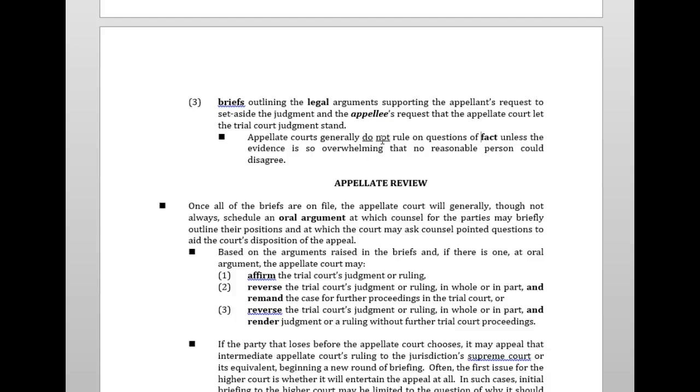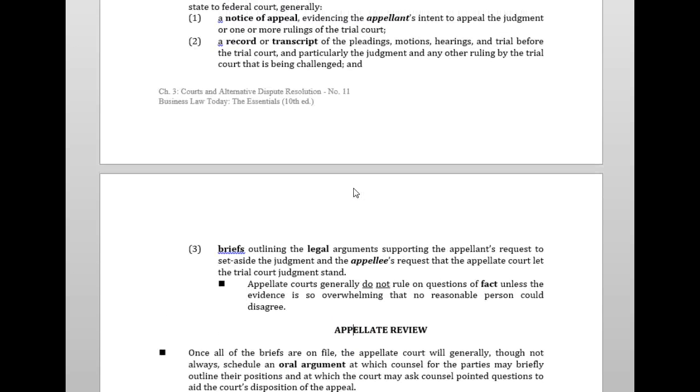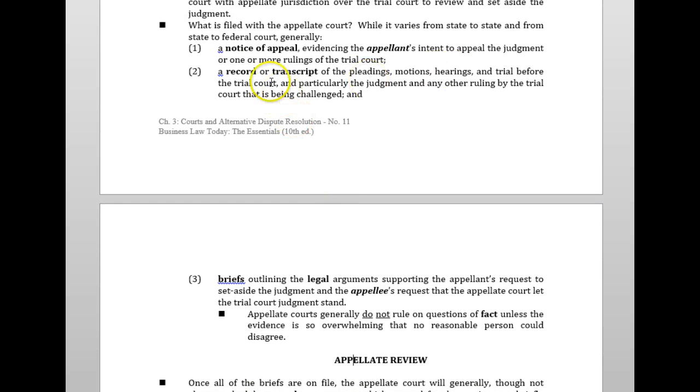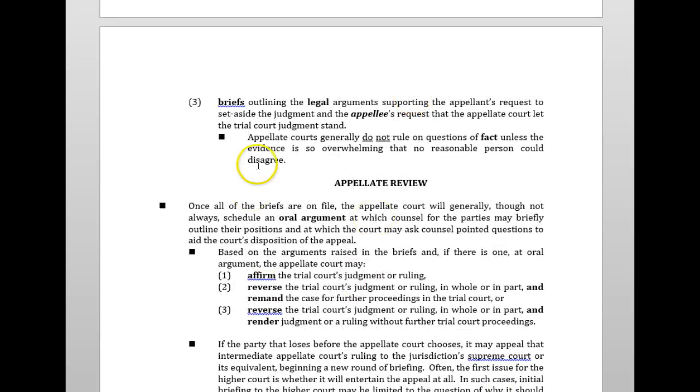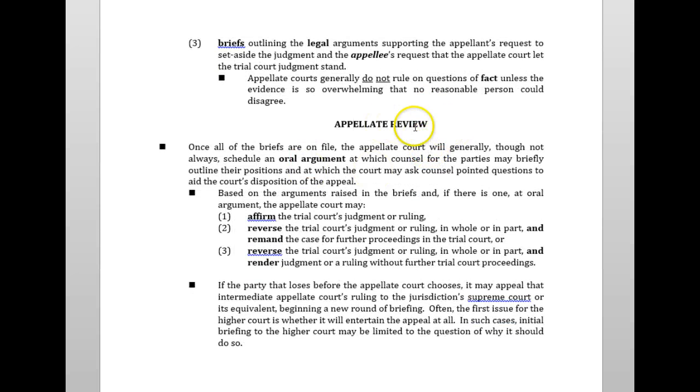Did they follow the law? Was there anything out of hand? So after the notice of the appeal, the records and all the information are transferred, and the briefs lay out what's going on, then we get to the appellate review.